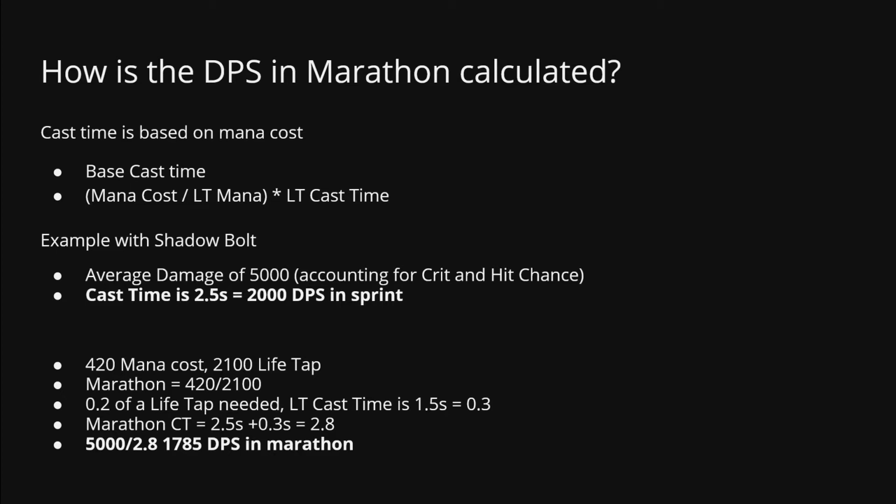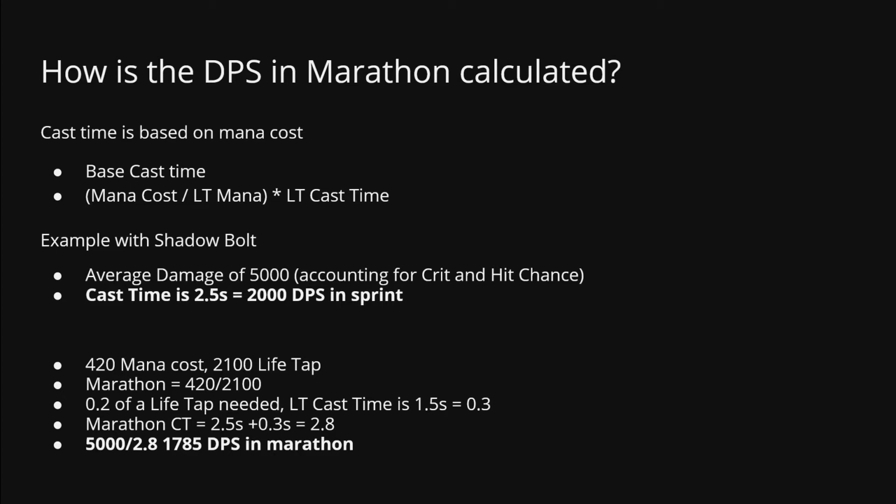Then you know how many life taps you need to do to get that mana. And to that, you then add the time it takes to cast a life tap, because there is also a time component to that. This value is then added to the base cast time, and then you arrive at the cast time it takes for the spell to be cast in the marathon phase, right?